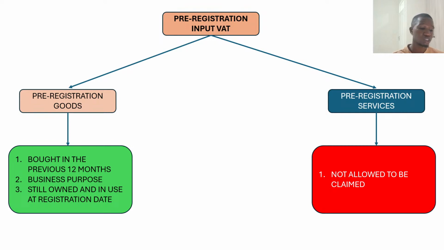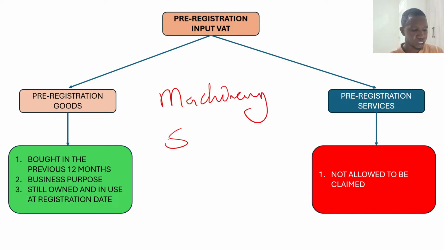So I would want to say something about pre-registration input VAT. Let's say you bought machinery for 100,000, right? You bought this machinery and you paid VAT for it, but you are not yet VAT registered.